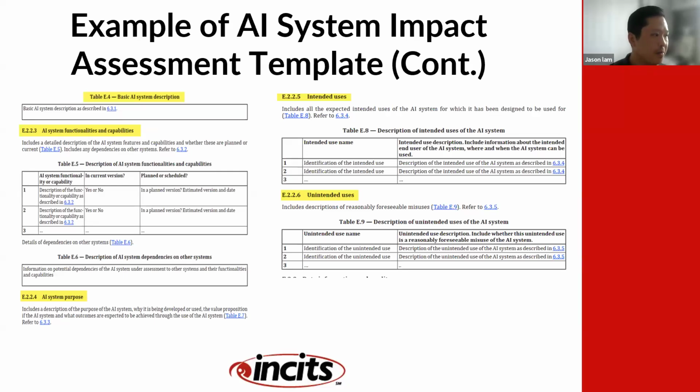Still staying on the left-hand side, we also want to be able to document any specific AI system functionalities and capabilities. So for this section, documentation of the AI system features should be a little bit more specific and include a more detailed description of the functionalities and capabilities, which could include various predictions, the types of data, algorithms, and the models used by the AI system, as well as the current status, whether these functionalities or capabilities are current or planned.